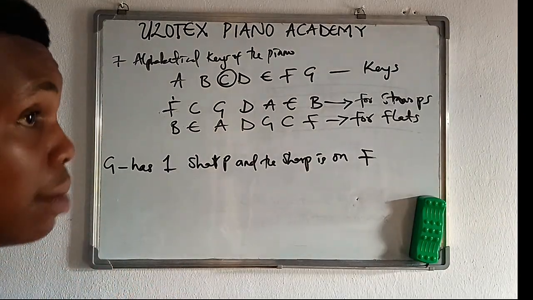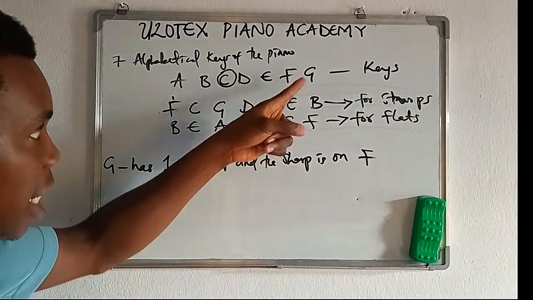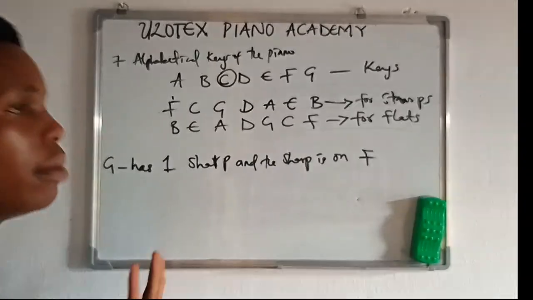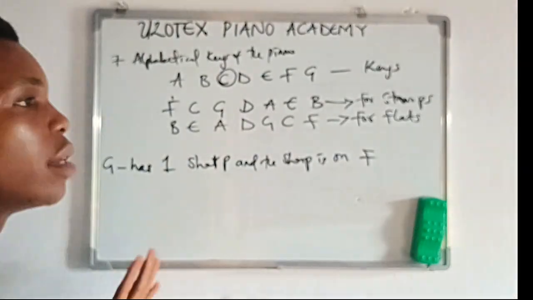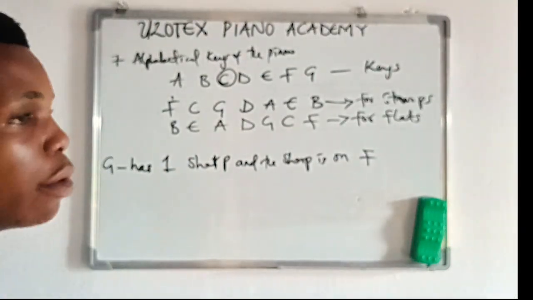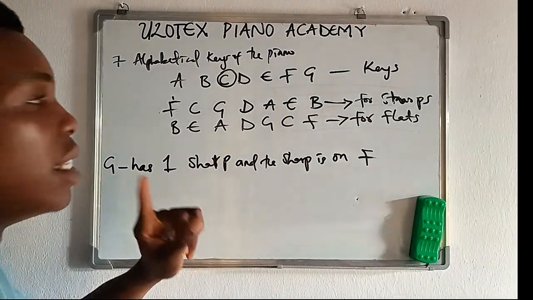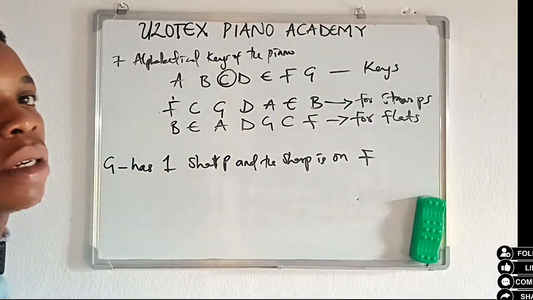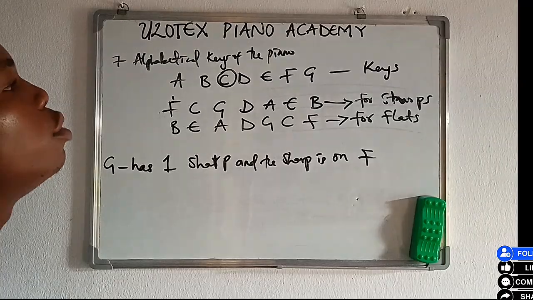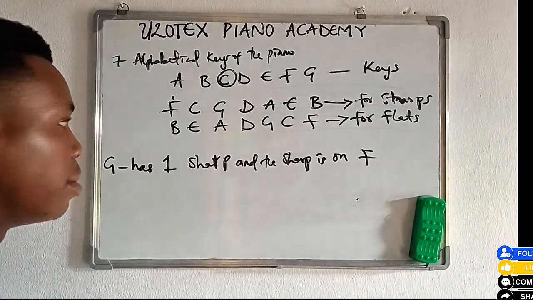What this means is that key G, as an alphabetical key on the piano, has one sharp, and that one sharp is located on the F. So now, how do you make this more understandable?